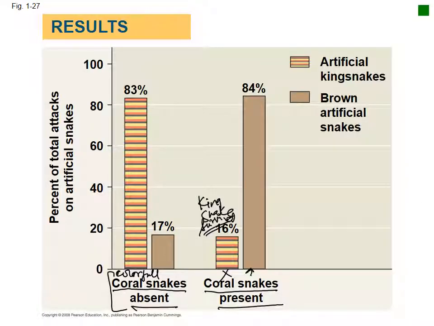Okay, so this is the result. Wherever the coral snake was absent, the predators happily attacked the most colorful one. Wherever there were coral snakes present, they preferred to attack the brown ones and not the colorful ones. In this place, you had your king snake surviving.